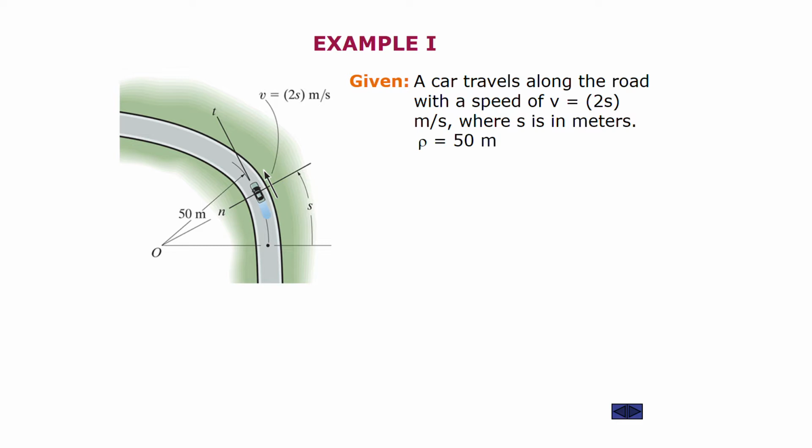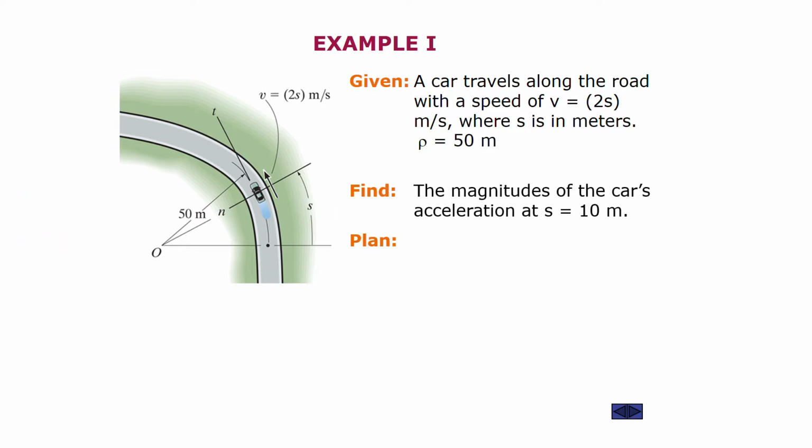They have given us the radius of curvature. The radius of the center of curvature is 50 meters. We need the magnitude of the car's acceleration when s is equal to 10 meters, as given in the diagram.